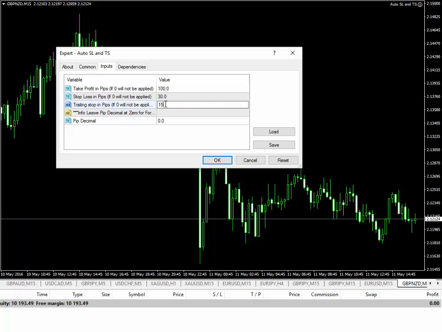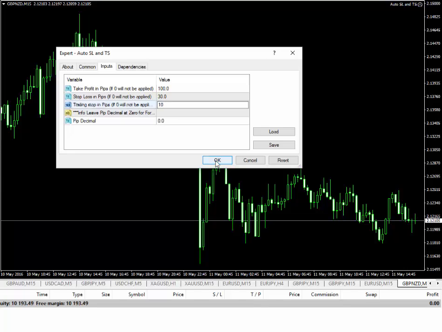Or if you prefer, you can put it at 10 pips, so that after 10 pips it will bring the stop loss to break even and the trailing stop will start. Now, depending on the market conditions, you can get about 50 pips, 40 pips, 20 pips, or your trade may go out at break even. So this is how you set it.